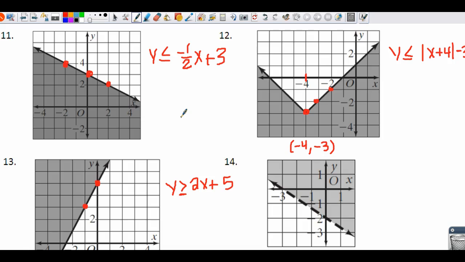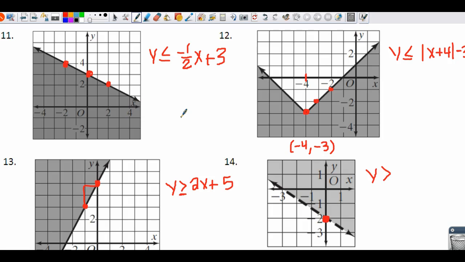It is greater than or equal to because the line is solid. Slope goes up 2 over 1 for the 2x. In 14, my line is dashed but shaded above.